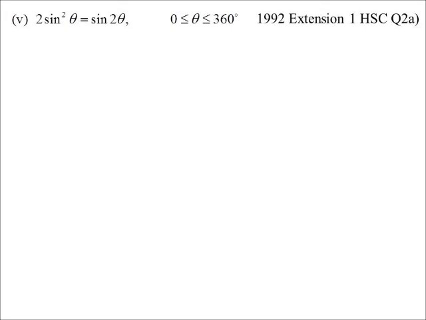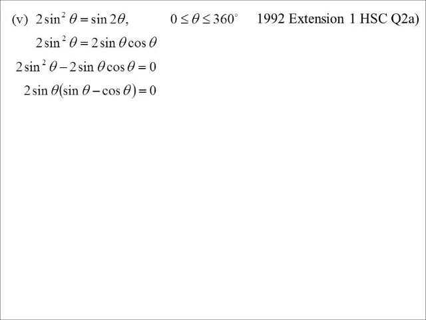2 sine squared theta is sine 2 theta. Well, this one makes life a little bit easier because there's only one result for sine 2 theta, and that is 2 sine theta cos theta. Bring everything to one side and factorise. Common mistake here is to do what? Divide by sine. If you divide by sine, you're going to lose this possibility that sine theta is equal to 0.